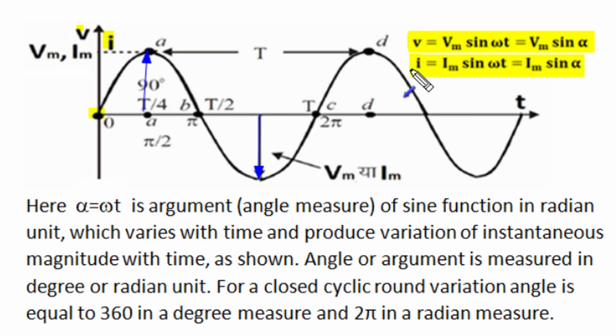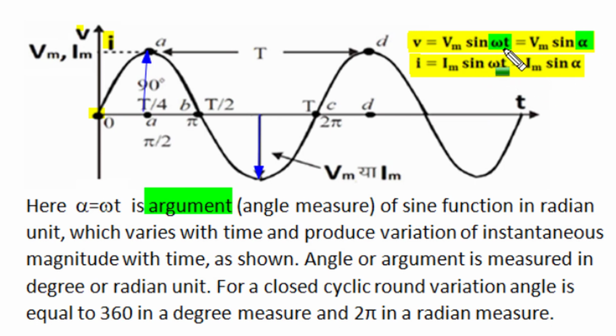Similarly, in this i equals Im sin omega t relation, Im is the peak magnitude of current, or maximum value of current, or amplitude of current, and the sinusoidal signal has a symmetry, so its positive peak and negative peak are identical in magnitude. Here in this mathematical expression, alpha is an angular measurement known as the argument, and it is an angle which varies with time as the product of omega and time.